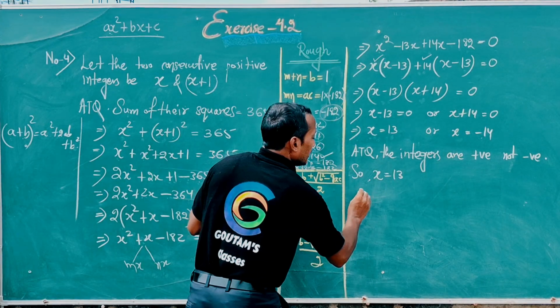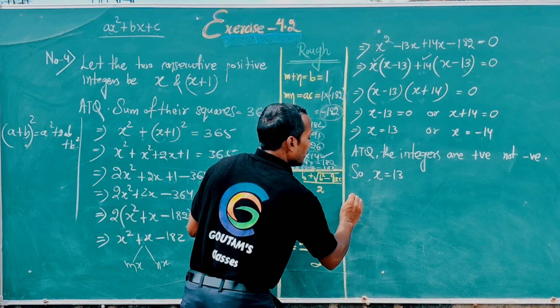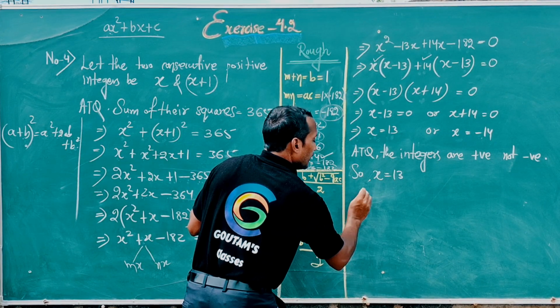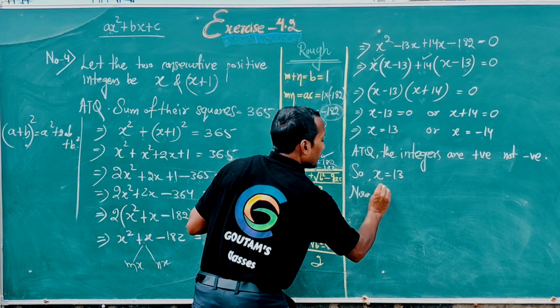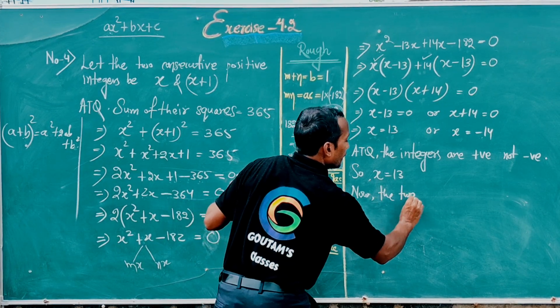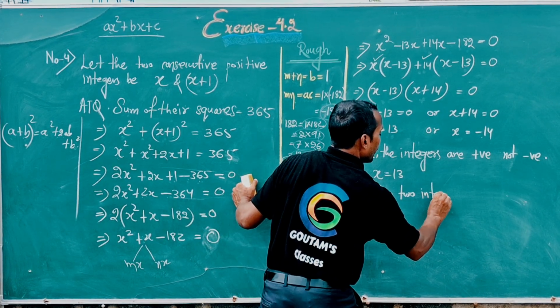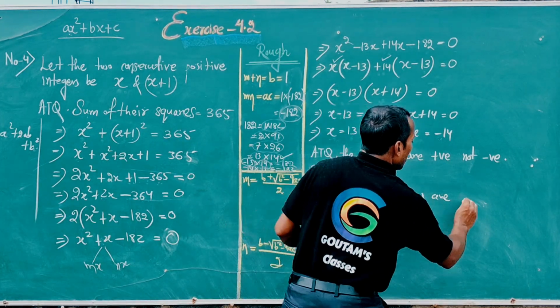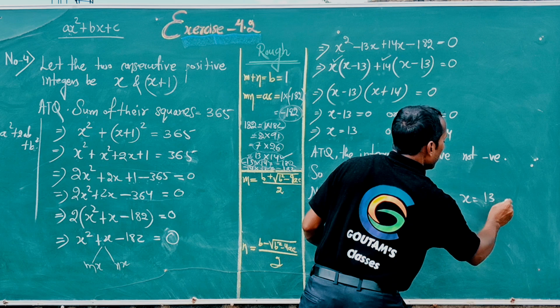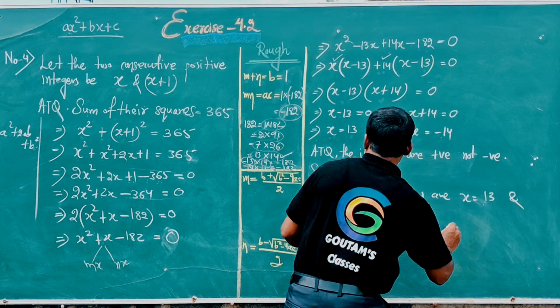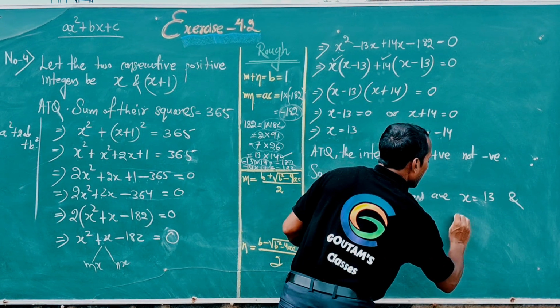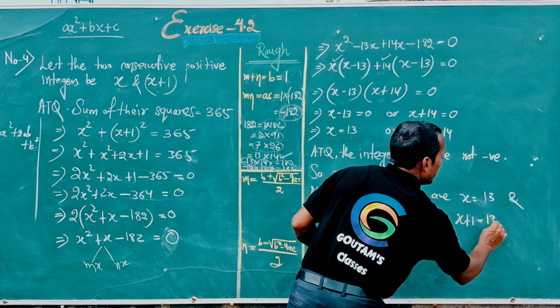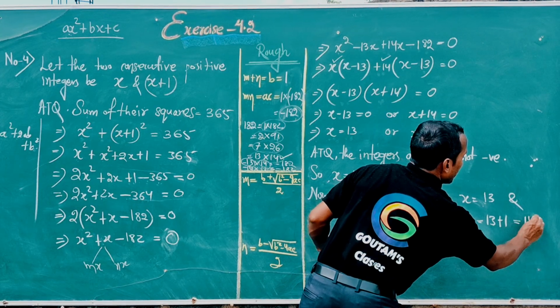Leave that. Now if x is equal to 13, then the two integers are x is equal to 13 and the other integer was x plus 1. x plus 1 is 13 plus 1, that is 14.